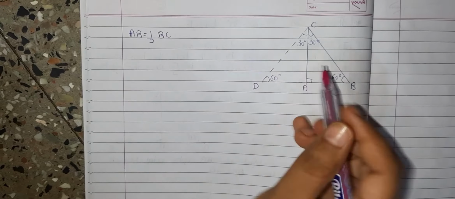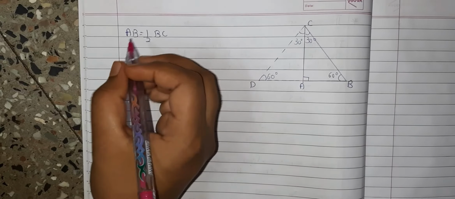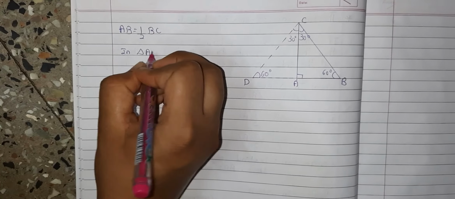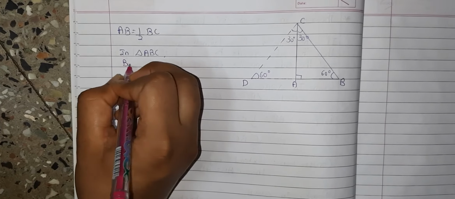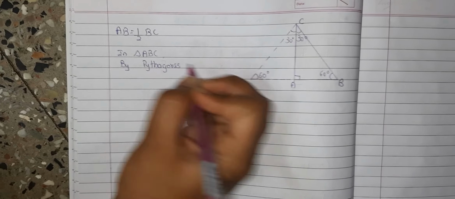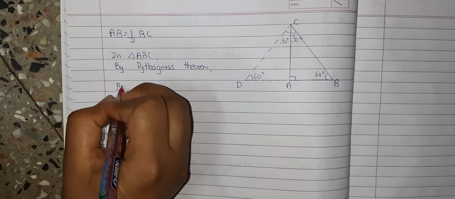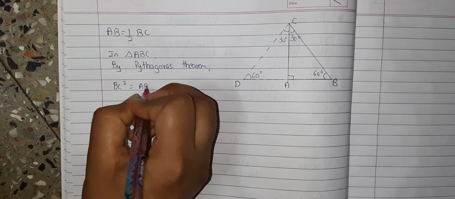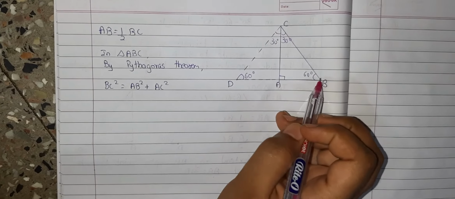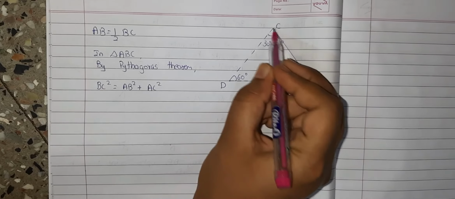Now we will prove that side AC is root 3 upon 2 times BC. So for this we will consider triangle ABC by Pythagoras theorem. We can write that BC square is equal to AB square plus AC square. So BC square, hypotenuse square, is equal to its sides square, that is AB square plus AC square.